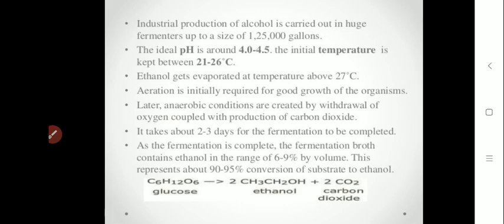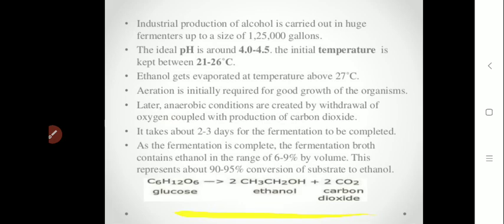Once our fermentation process has been completed, around 6 to 9% by volume ethanol is detected, which indicates that 90 to 95% of substrate has been completely utilized for the production of ethanol.